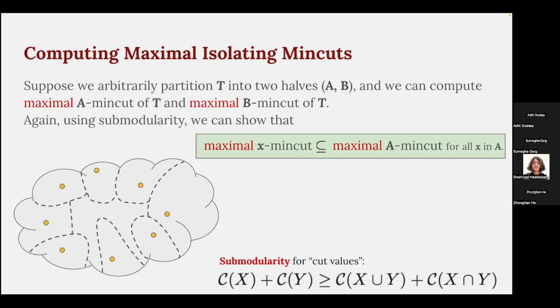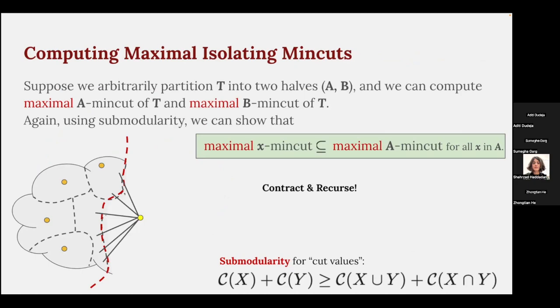And the second part is how to compute it efficiently. This actually follows from the same divide and conquer framework. Again, by modularity, we know that the maximal x Mincut is contained in the maximal A Mincut. If x is in A, we contract and recurse.